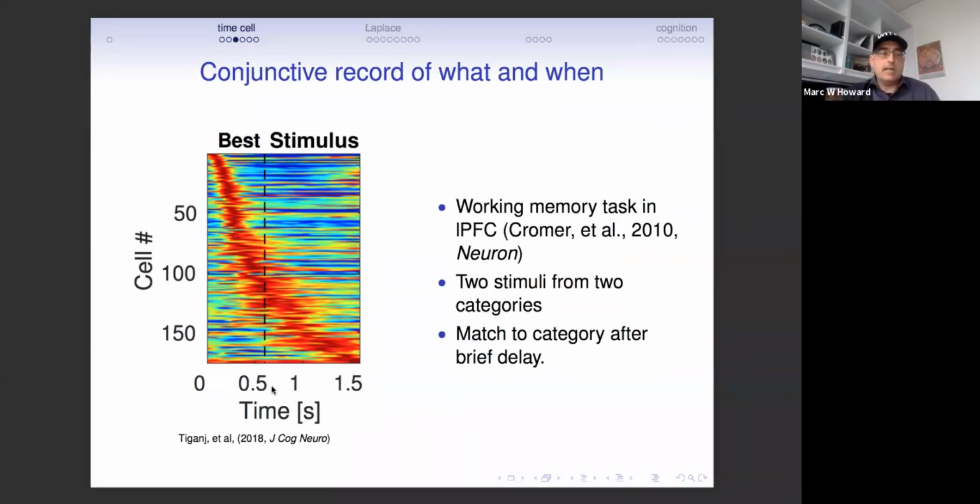So it's a working memory task, and the animal gets a picture of either a dog or a cat, and then they have to wait, and they get another picture, and they have to say whether it was the same category, yes or no. And there are two types of categories: cats and dogs, and then cars and trucks.